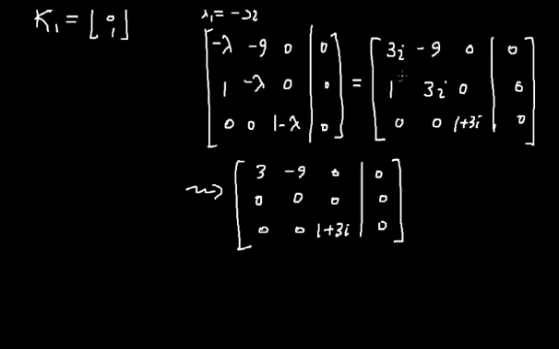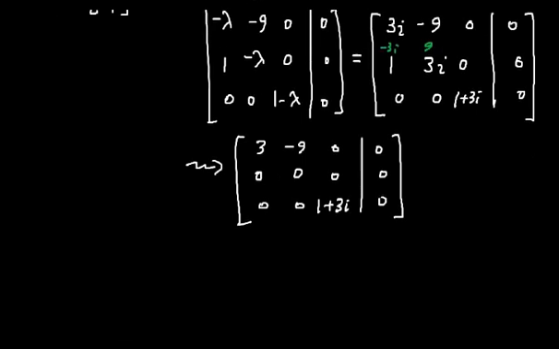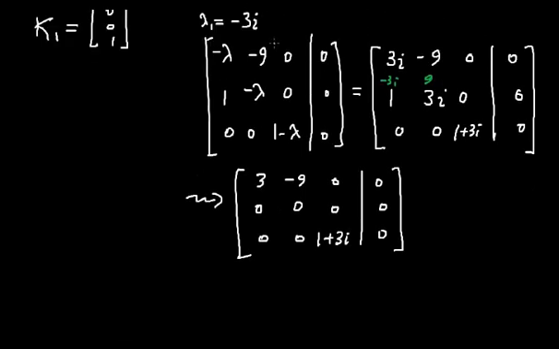This times minus 3i is going to give me minus 3i here, and here it's going to give me minus 3i times 3i, and i times i is minus 1, so there's going to be plus 9, right? And then by adding the rows, the middle row is going to become 0. Okay, so that's the eigenvalue lambda equals minus 3i.